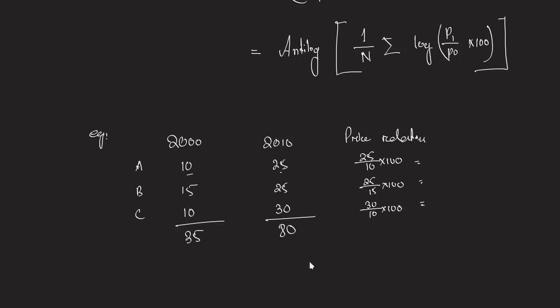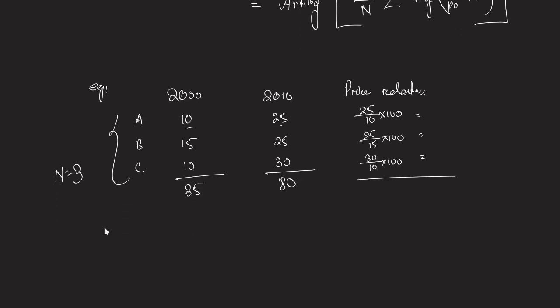So you will have to calculate this. We will calculate kora pisot ER total to long, then we will divide yate commodity tinta ase, so n will be 3, right? So the values are 250, 166.67 and 300. Our total koile ami gom 716.67.